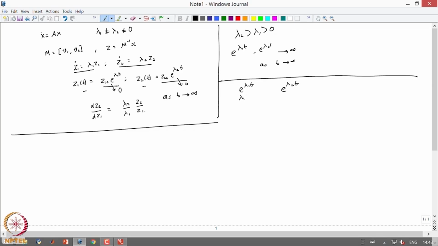Lambda 1 is greater than 0, so this is my unstable eigenvalue, and of course the corresponding eigenvector will be called the unstable eigenvector. Lambda 2 is less than 0, and I will call this the stable eigenvalue.